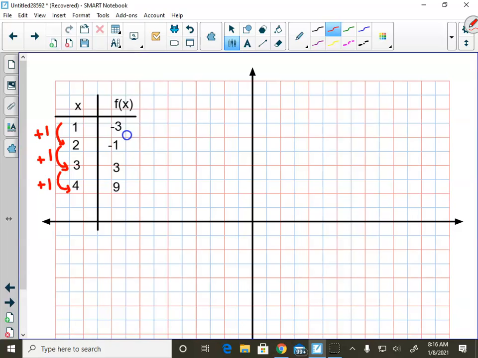So you can see I'll be adding 2. This one I'm adding 4. And this one I am adding 6. So clearly this is not a linear function, because if the first increase was 2, each of these other increases should be 2.